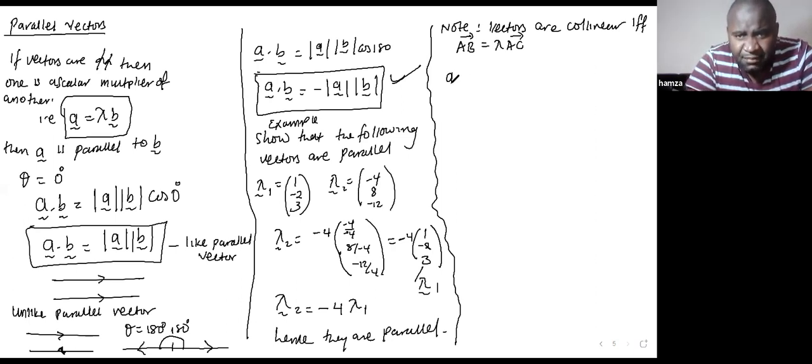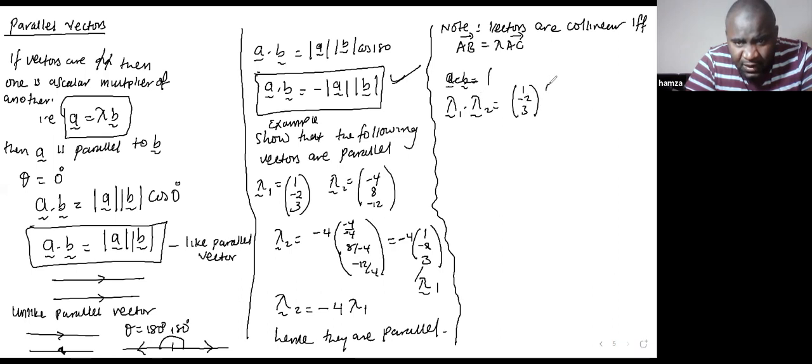First of all, you get A dot B. We don't have A and B, we have lambda 1 and lambda 2. Lambda 1 dot lambda 2 is equal to 1, negative 2, 3, dotted with negative 4, 8, negative 12.